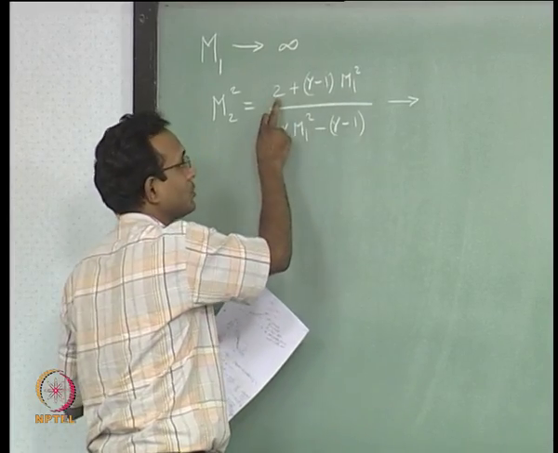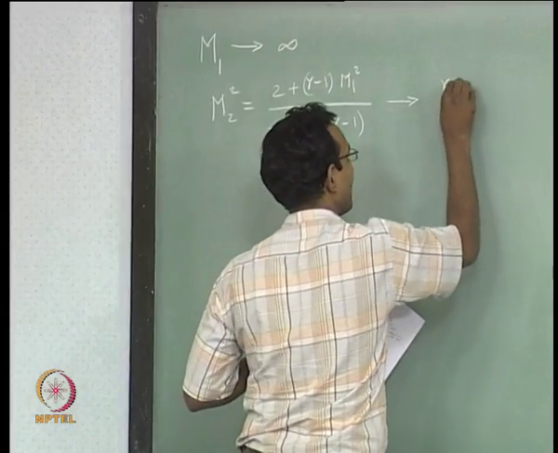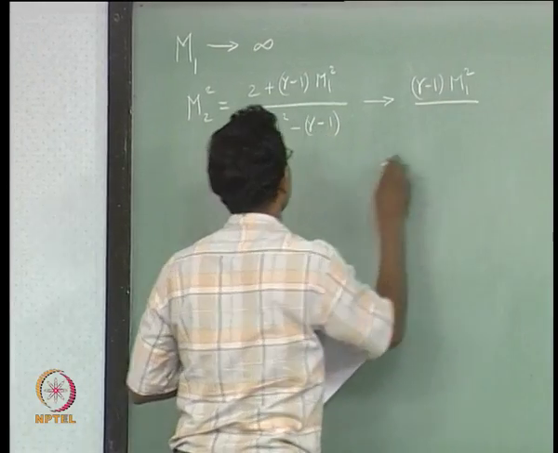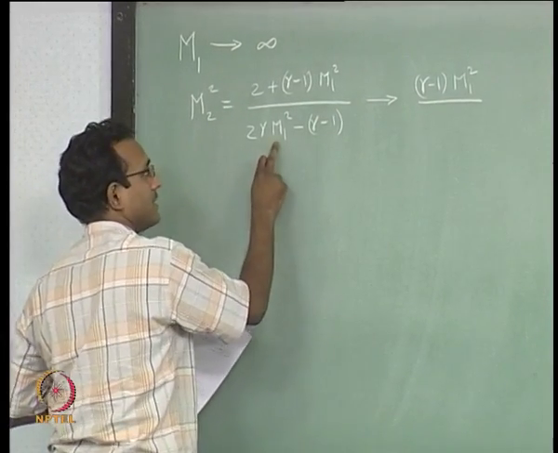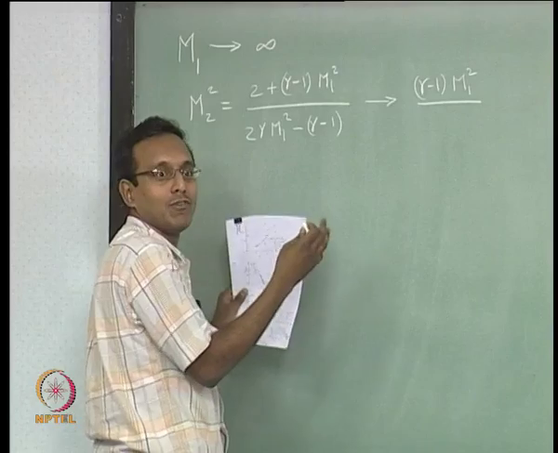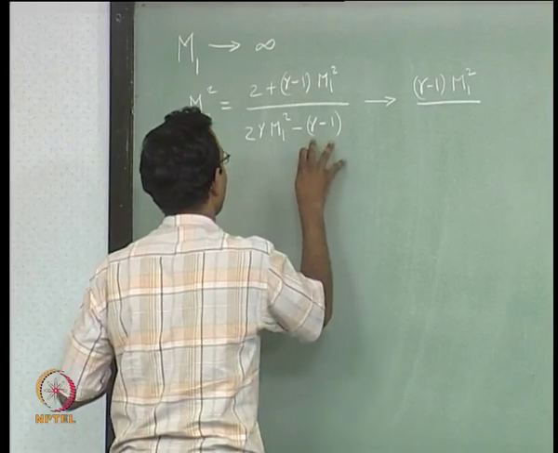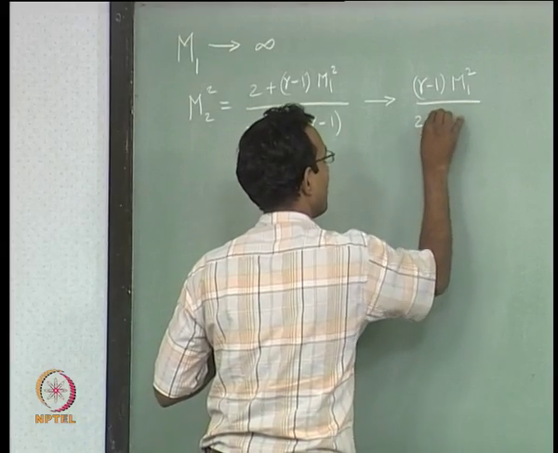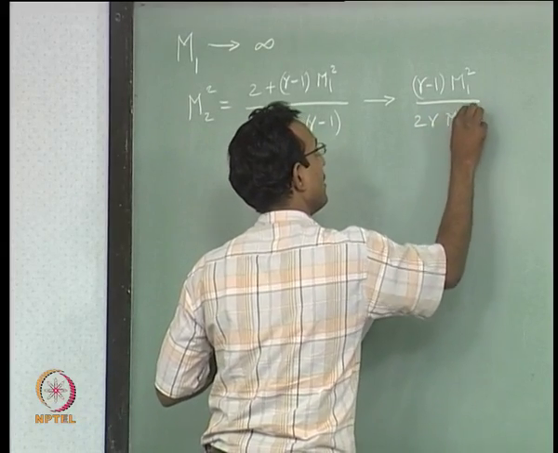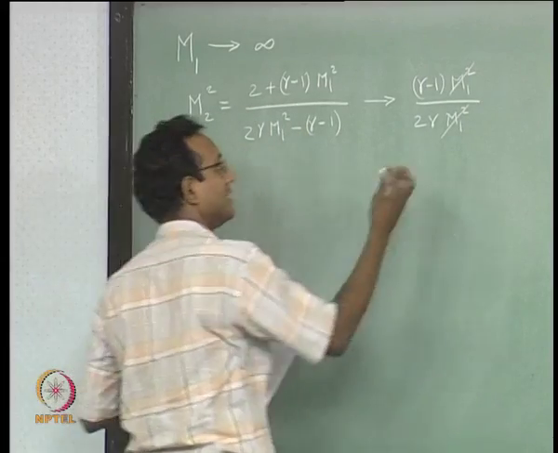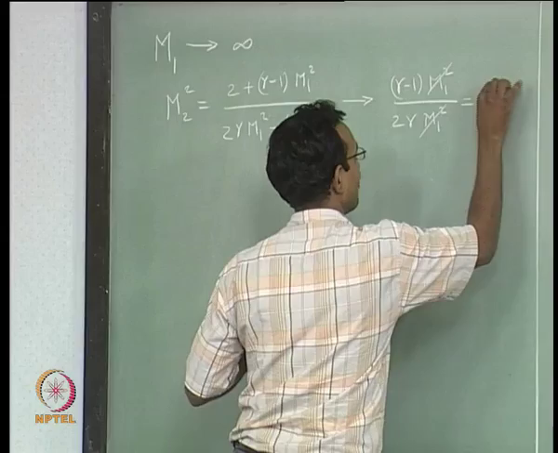So it will tend to something like gamma minus 1 M1 square divided by, in the denominator, again this M1 square is very high compared to gamma minus 1, which is almost like 0.4, 0.3, that kind of number. I can neglect this compared to M1 square. So it will become 2 gamma M1 square, and we find that this is independent of Mach number. That is why it goes to a constant, of course.